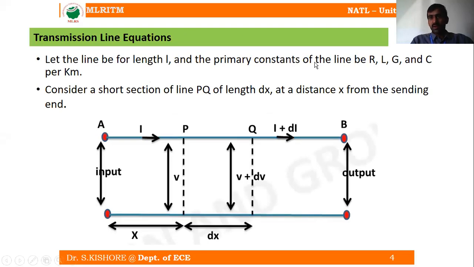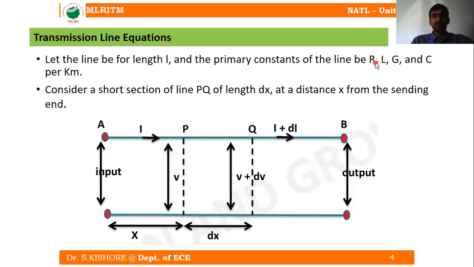So for our analysis purpose, let us consider a transmission line of length L as shown in this figure. The primary constants of this line are R, L, G and C, which we have discussed already.